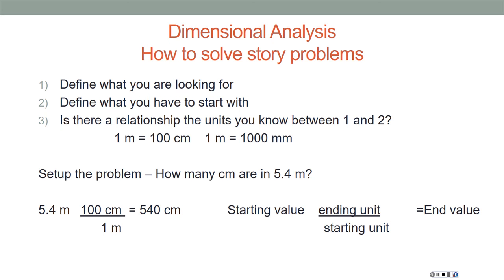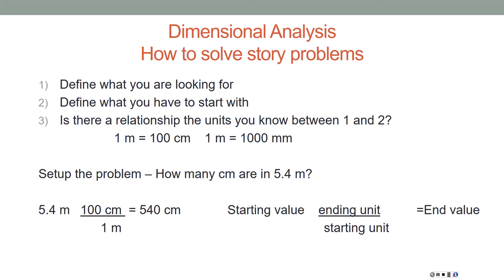I'm grabbing a calculator. 273 divided by 12 is going to be 22.75 feet. But that's not what they're asking us for. It's asking us for yards. So I can just do another one and say that for every 3 feet, it's 1 yard.